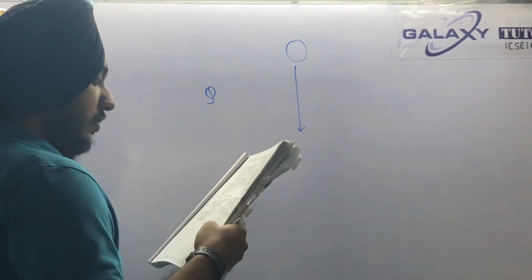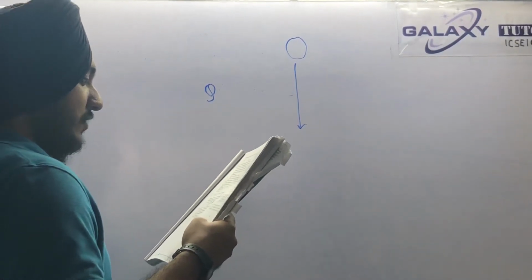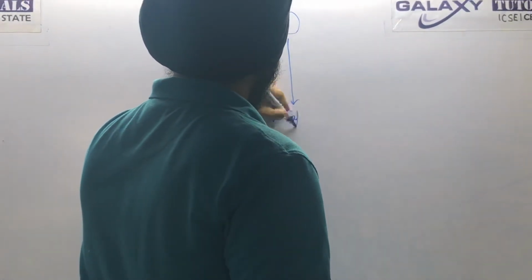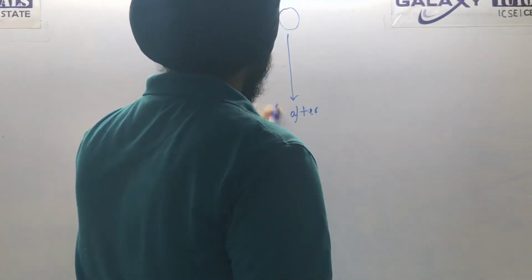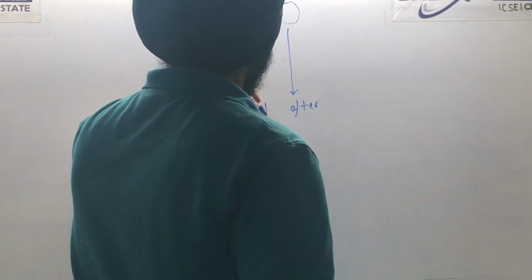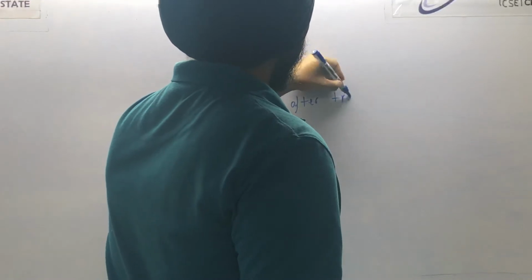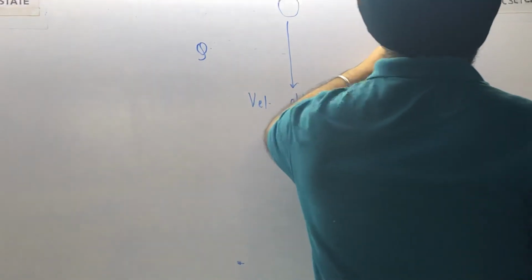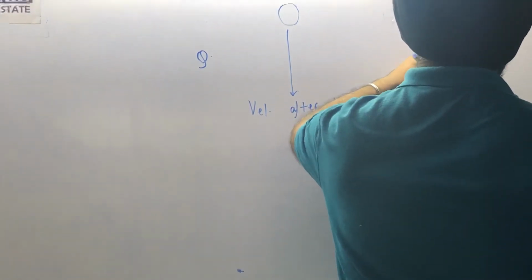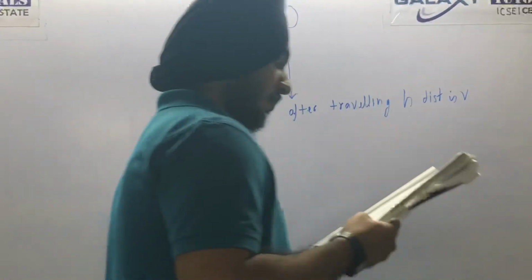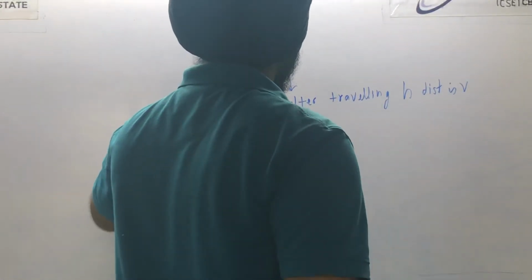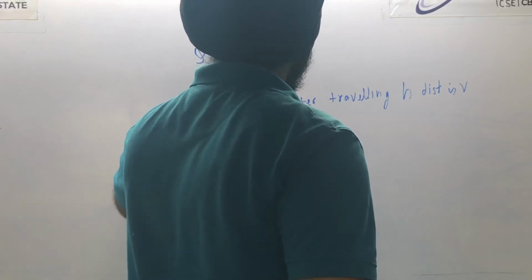Its velocity after traveling a distance h is v. If v depends upon g and h, we have to prove v is equal to k root gh.